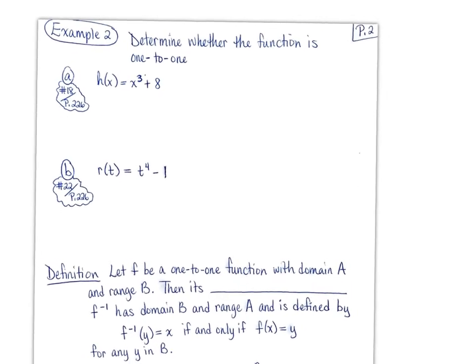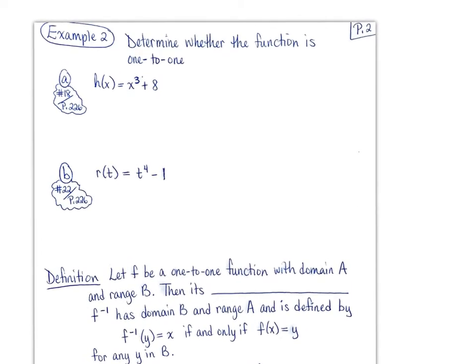So part A in example 2, we're given h of x equals x cubed plus 8. Remember, as a quick recall of the definition, one-to-one means that if f of x1 is equal to f of x2, then x1 had to equal x2.